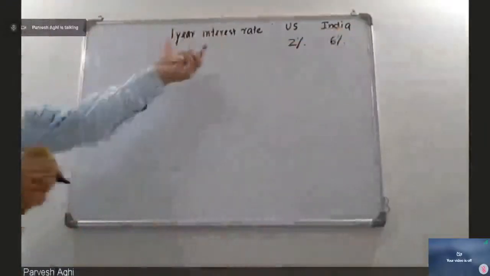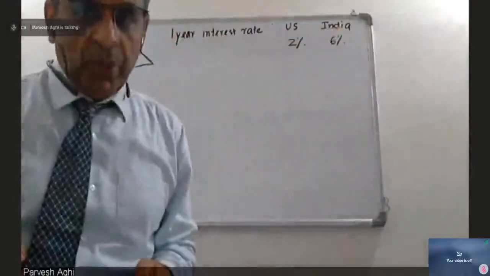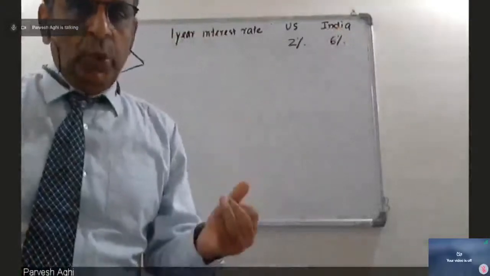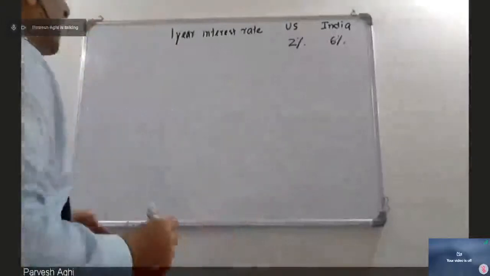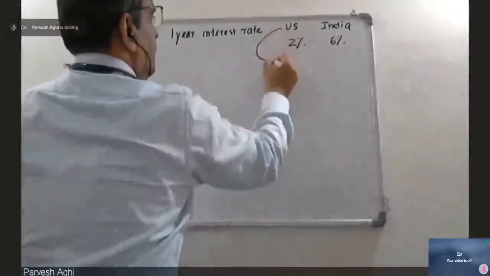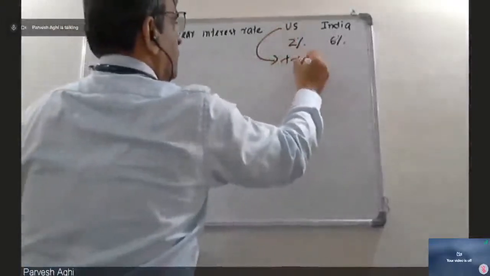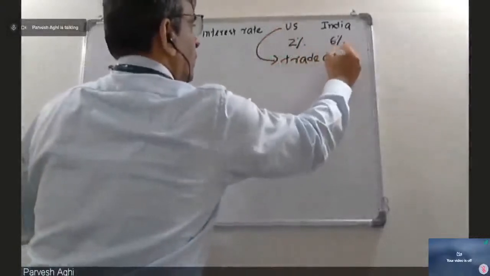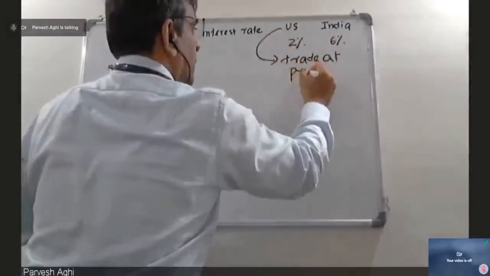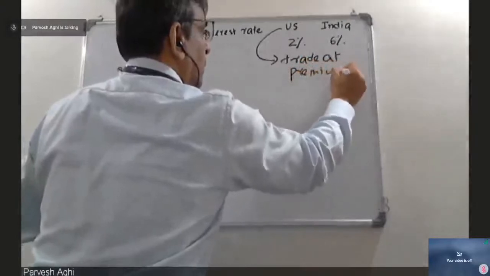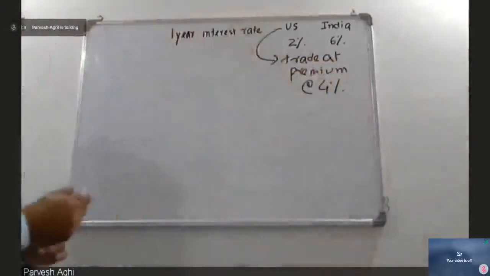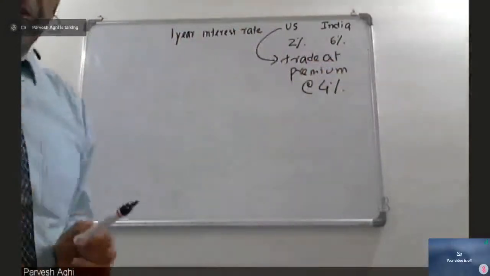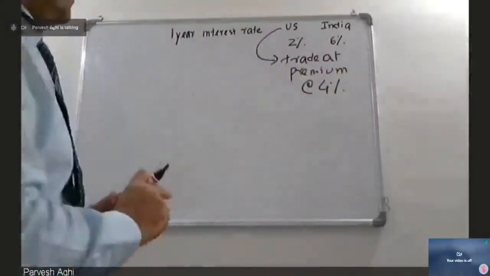Suppose this is the 1 year interest rate which is given to you. So we know that US would trade at a premium of 4% against the rupee. That means US currency should trade at a premium of 4% against India for the 1 year rate.